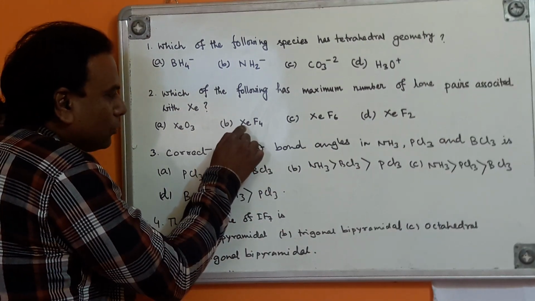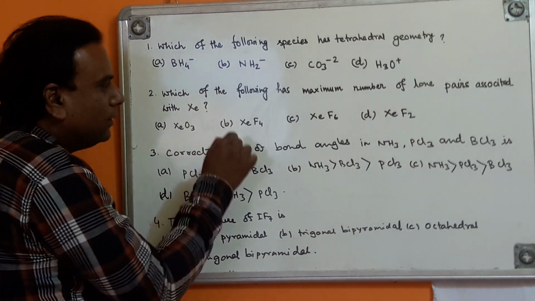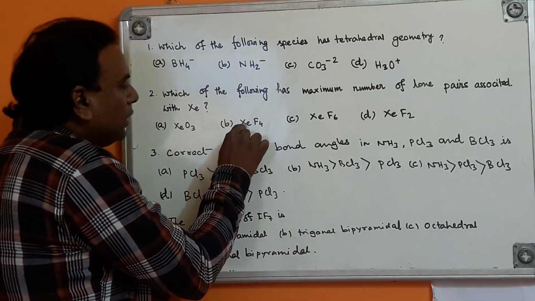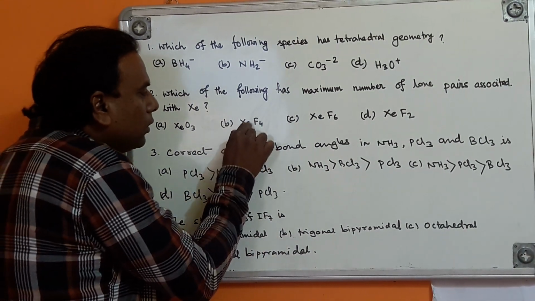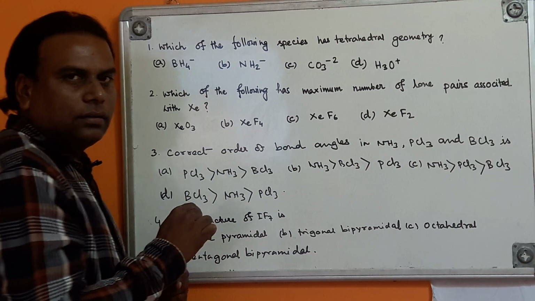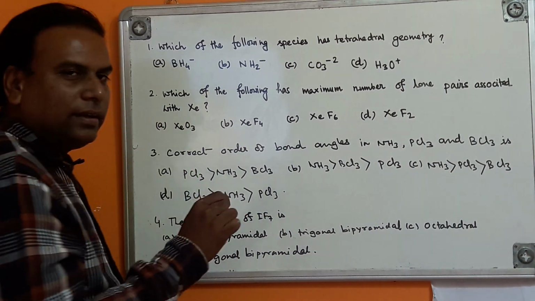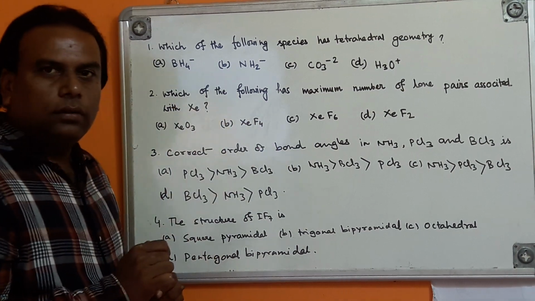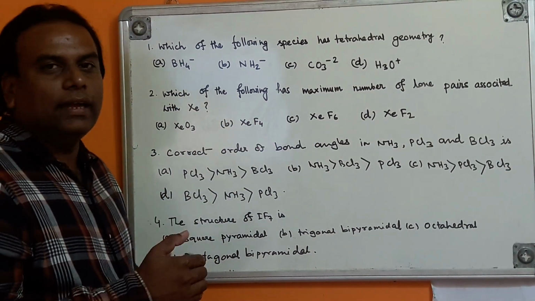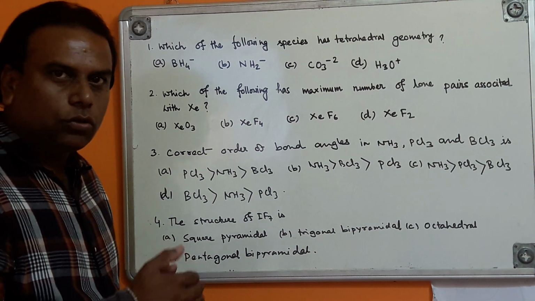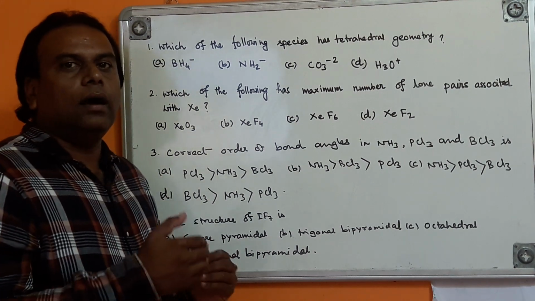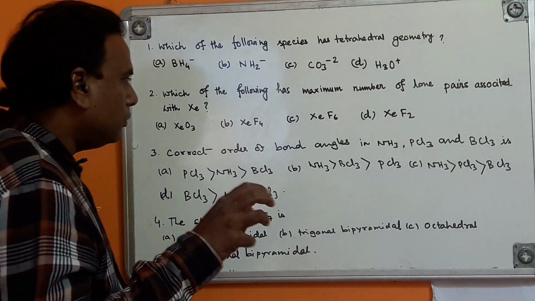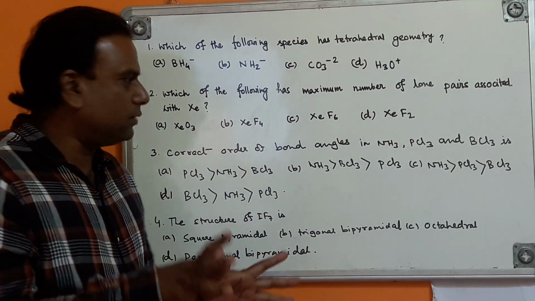But in option B, as fluorine is monovalent, that means 4 valence electrons of xenon are participating to form covalent bonds with fluorine. The other remaining valence electrons form the lone pairs.